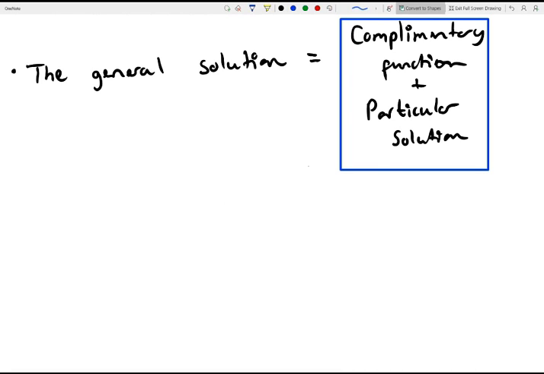Okay. And when we're solving the homogeneous part, we're going to have three different cases when we solve the auxiliary equation.